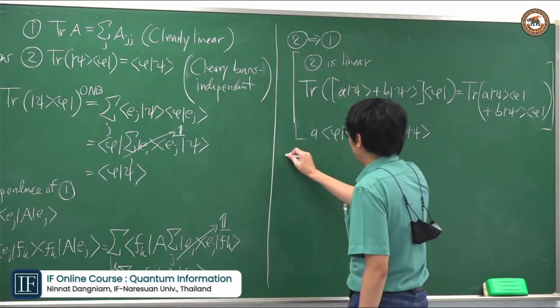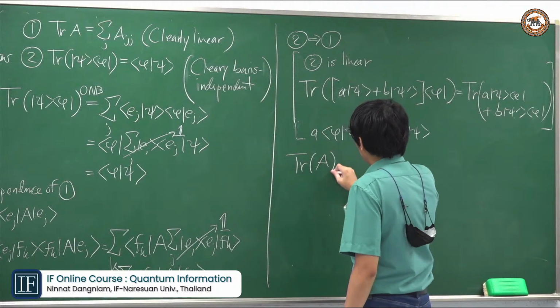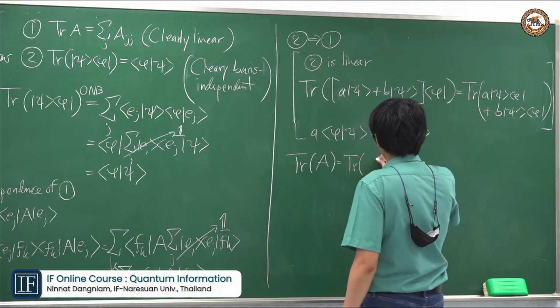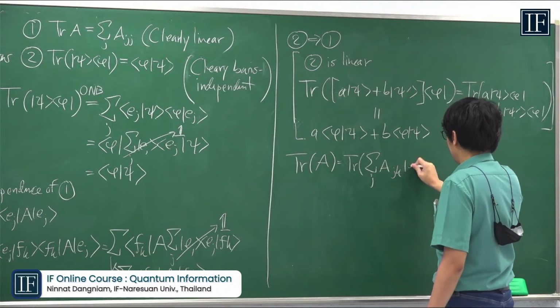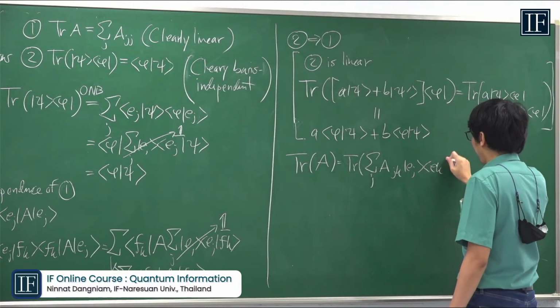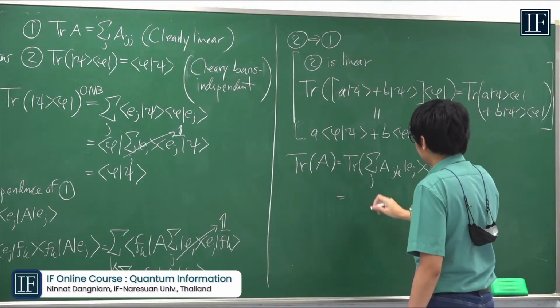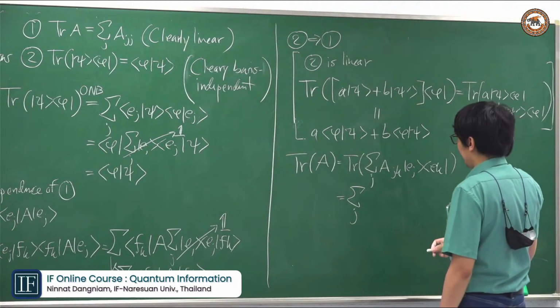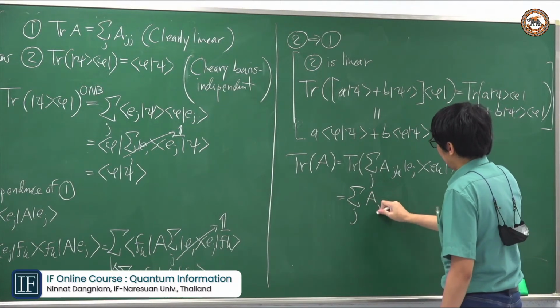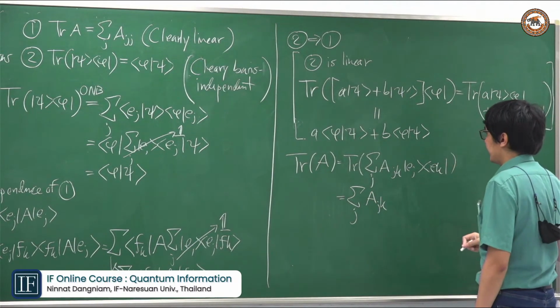And now if you do that, then when I write it in an orthonormal basis, this is linear, so I can pull the sum outside, and this is also just a scalar.